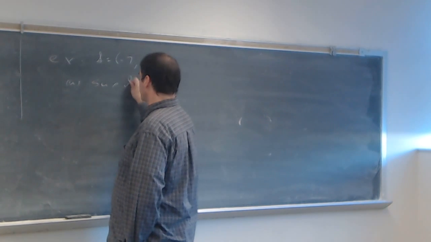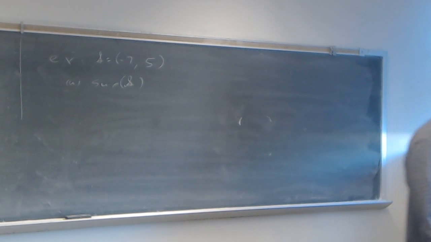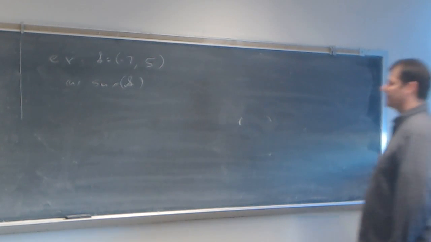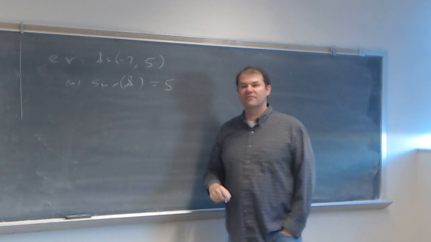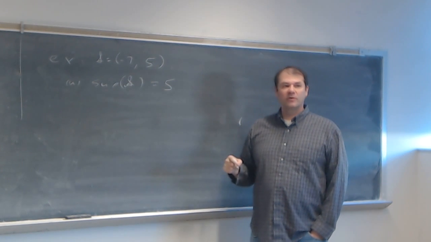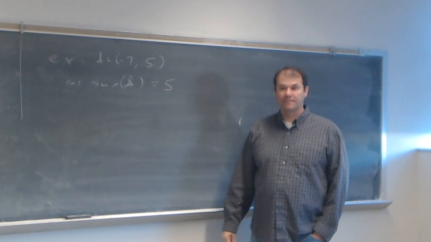What is the sup of script S? We're looking for the least upper bound, the smallest of the upper bounds. John, you have an answer, I think. I believe it's 5. 5 is correct. 5 is bigger than or equal to everything in the set, and if you give me any other number that's bigger than or equal to everything in the set, 5 is going to be less than or equal to that number you gave me.